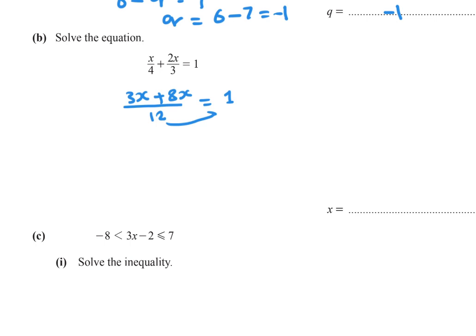Now transpose 12 to the other side, multiply. So 3x plus 8x equals 12. So 11x equals 12. Divide by 11, so x equals 12 over 11.